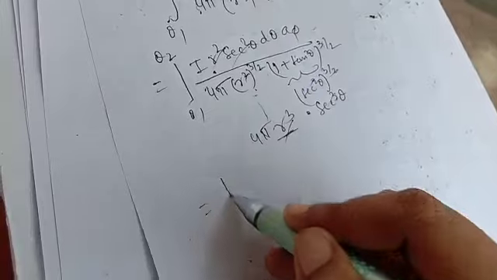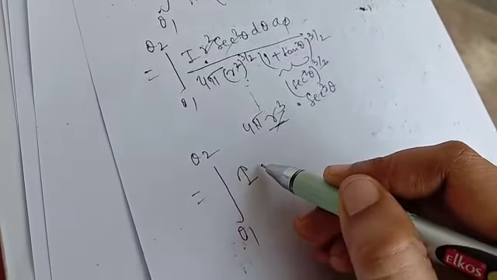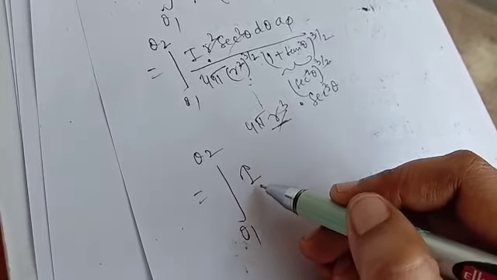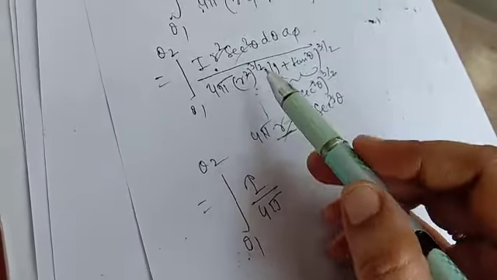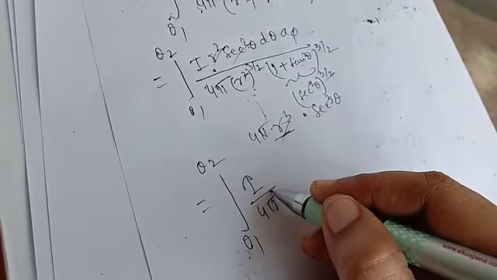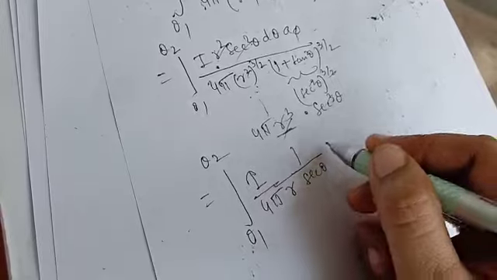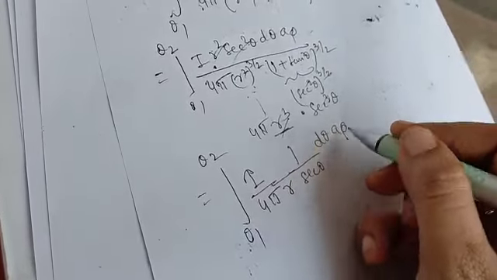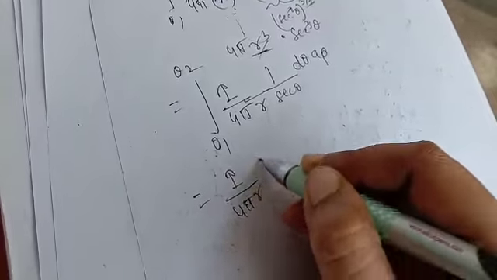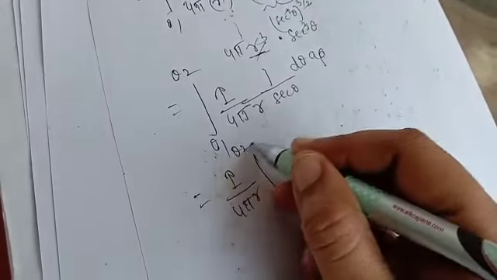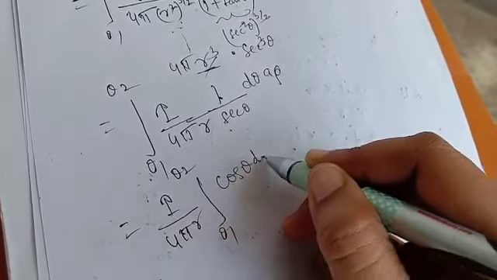So from that we'll be getting integral from theta 1 to theta 2 of I by 4 pi. Here you have 1 r, so 1 by secant theta d theta. If you take out the common I by 4 pi r, integral theta 1 to theta 2 of 1 by secant theta, which is cos theta, so cos theta d theta.